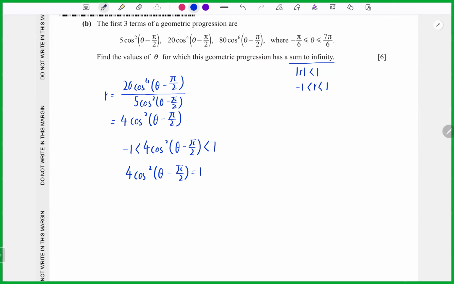And then theta minus 1 over 6 pi, theta 7 over 6 pi.